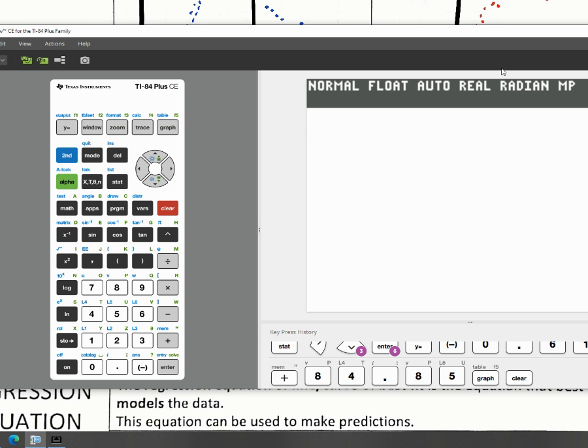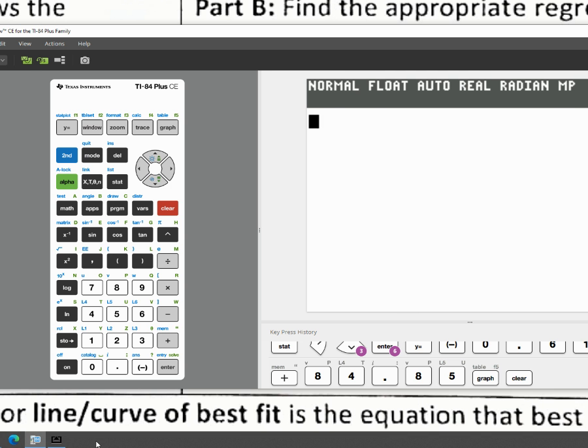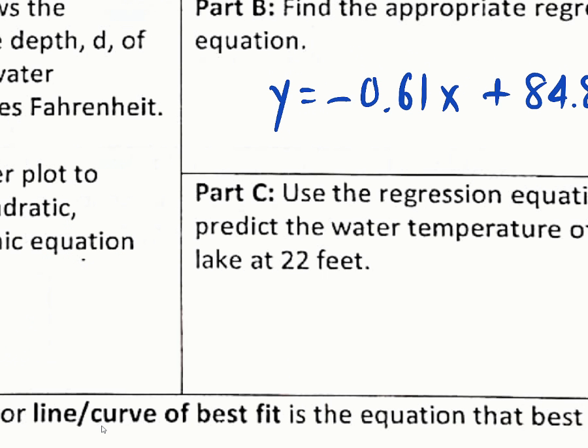Anybody? How do we use this equation to predict? Yeah, you're going to plug 22 in for x. So you're going to go to your calculator, you're going to go negative 0.61 times 22 plus 84.85. That's how you use your equation to predict future values.